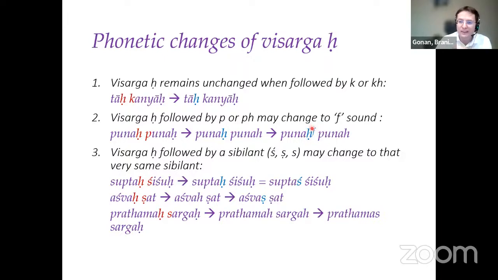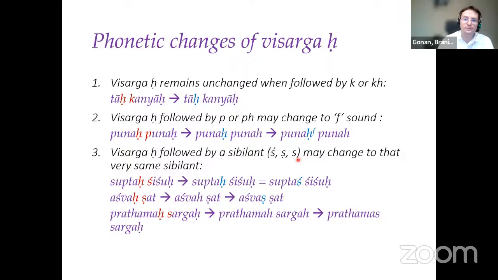But why didn't we just put an f sound? Because there is no common way to write this down as such. This is just to help ourselves know that in that particular case, before p or ph, Visarga is changed into f.